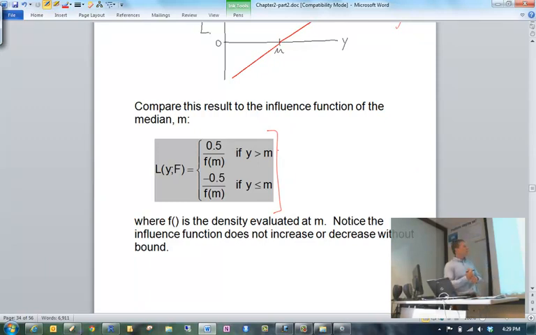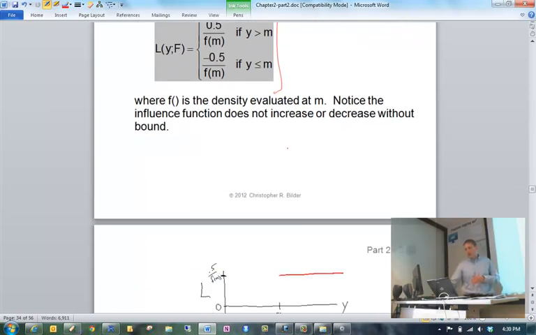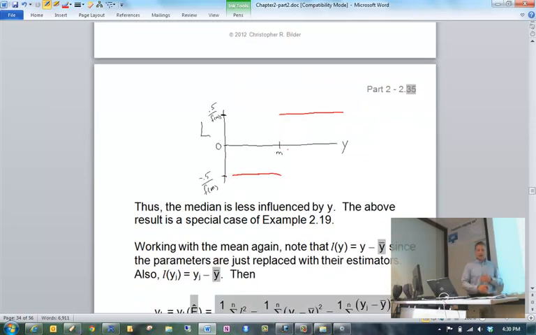The influence function is 0.5 divided by f of m, the density evaluated at the median, if y was greater than m. Otherwise, the influence function is negative 0.5 divided by f of m if y is less than or equal to m. If you were to graph it, this is on page 35, this is what you get.